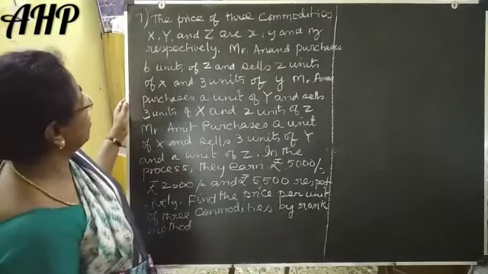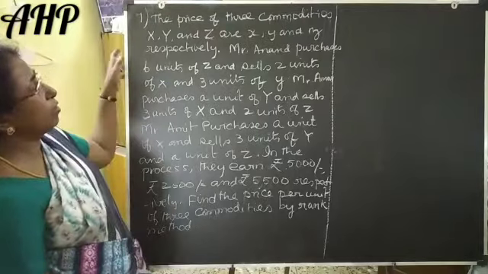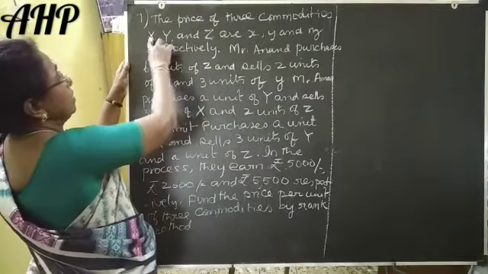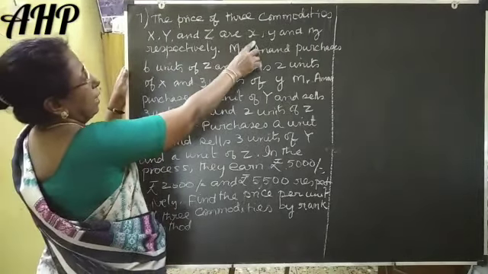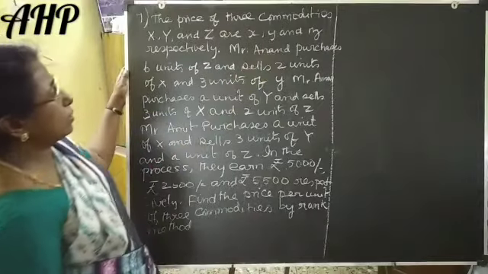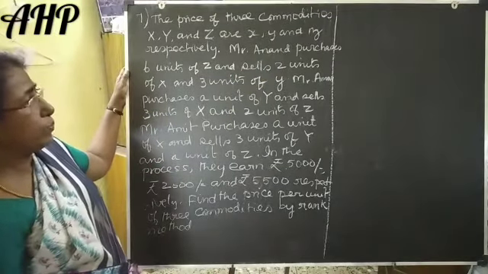The next question says, the prices of 3 commodities X, Y, Z are small x, small y and small z respectively.